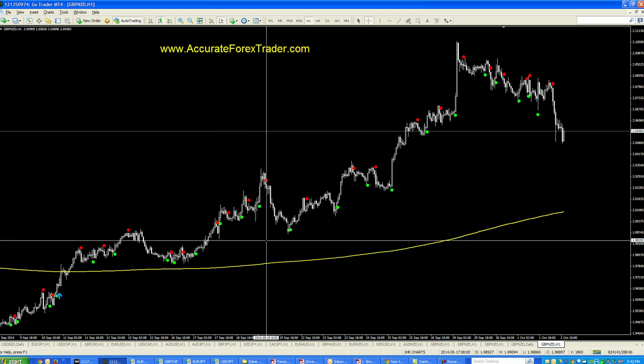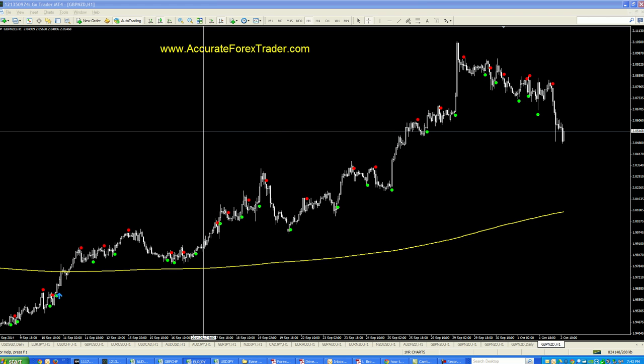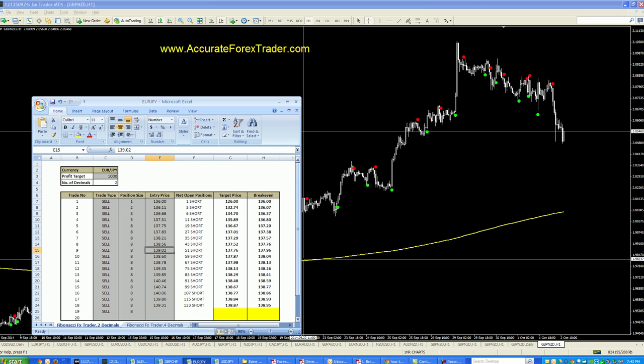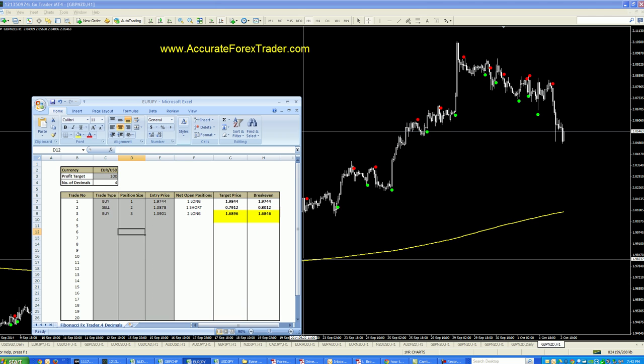So what you would do then is go to something like a spreadsheet, I've got one, see if I can bring it up. This spreadsheet is just something I had made up, a custom one. Say for example, they're all the same position size. So I had 4 buy trades, all at different prices.